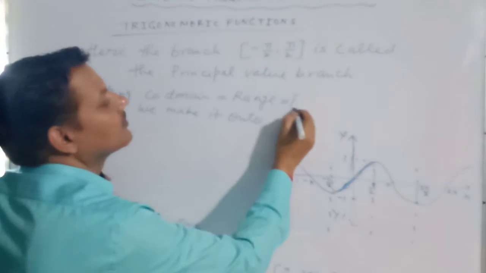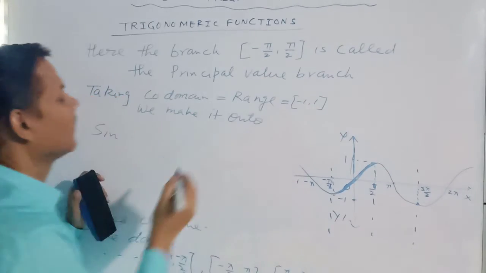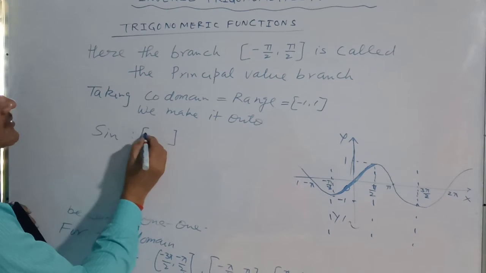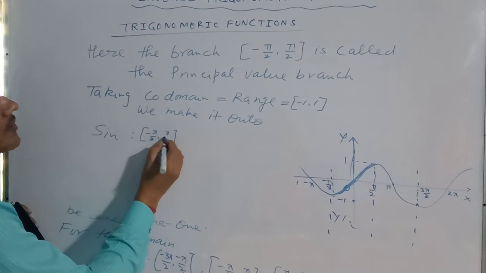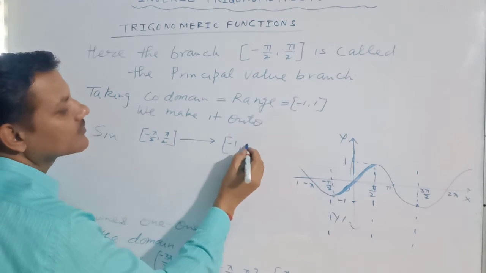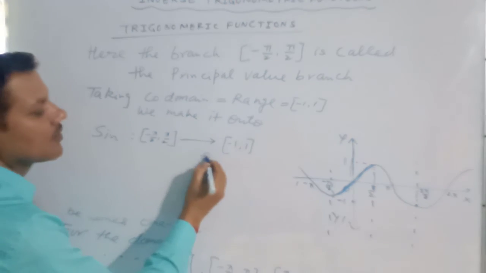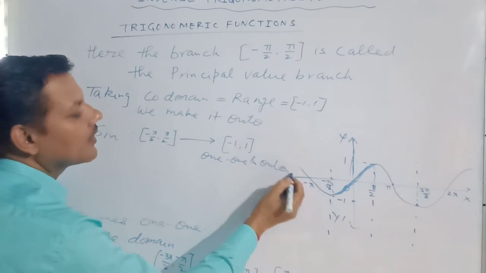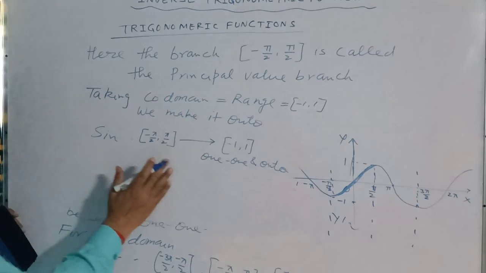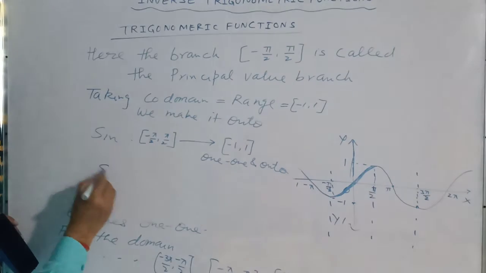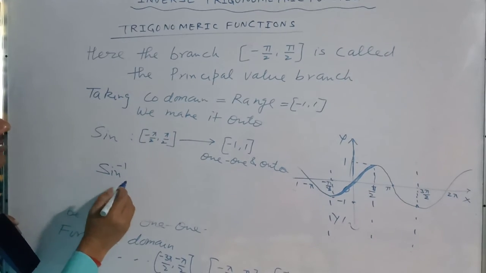It is minus 1 to 1. Now what about its domain? Domain is minus pi by 2 to pi by 2. What about its range? It is the codomain, minus 1 to 1. Now it is 1 1 and onto function. Therefore it is a bijective function and its inverse exists.